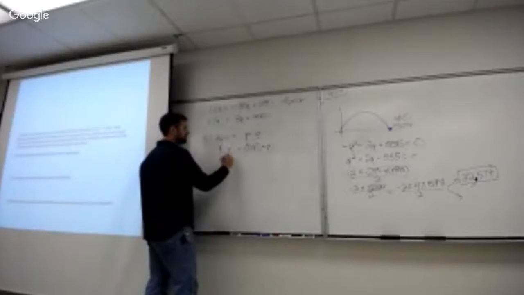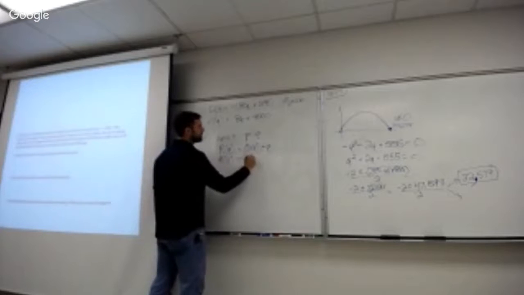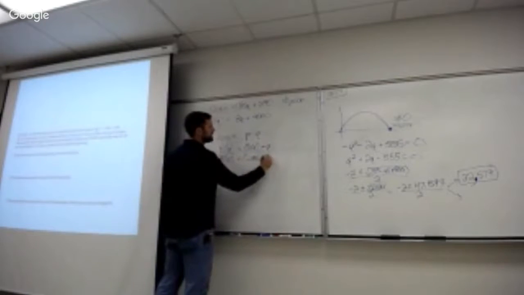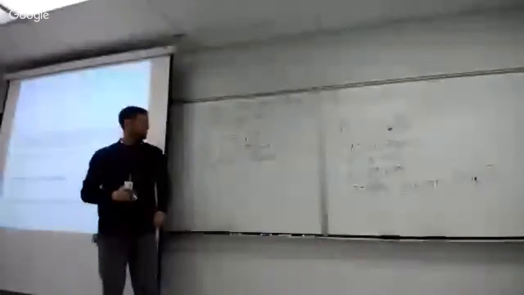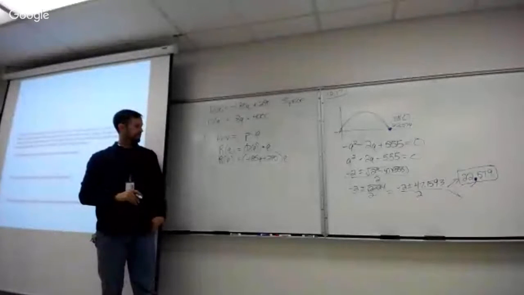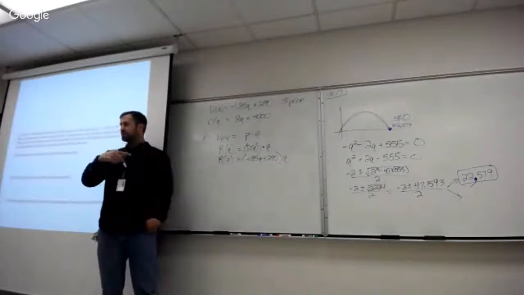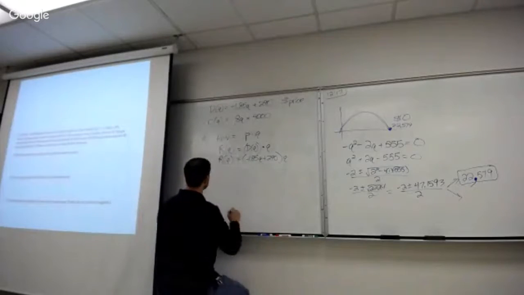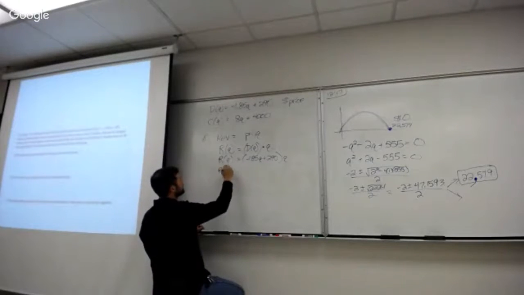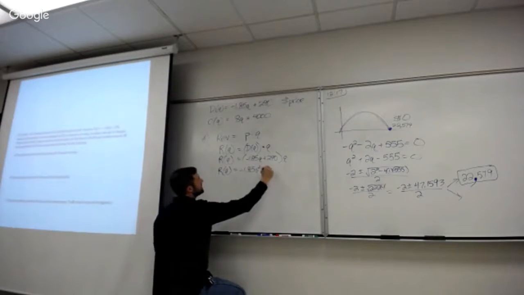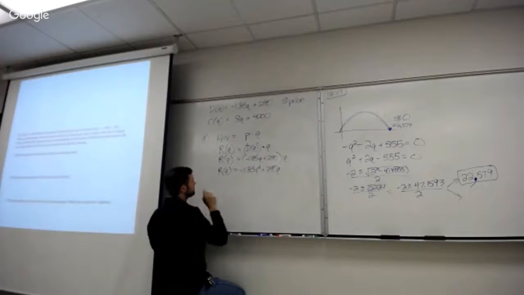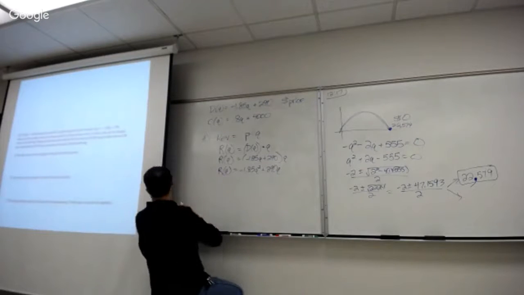Our revenue is negative 1.85 Q plus 290 times Q. And then you distribute the Q in and get your final answer. So my revenue formula is negative 1.85 Q squared plus 290 Q. Now we can actually answer the question. What's the total revenue from selling 26 items?